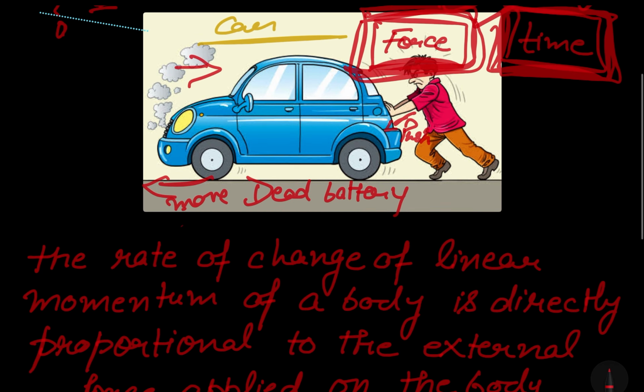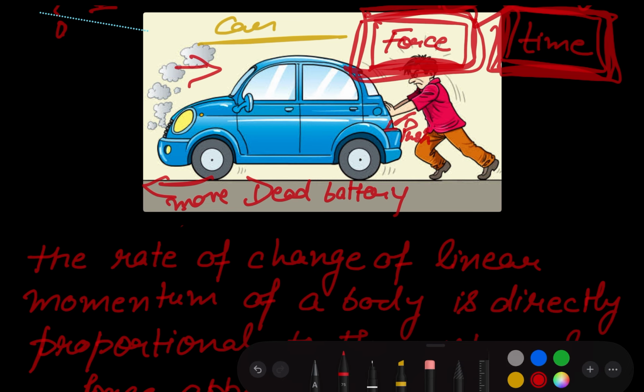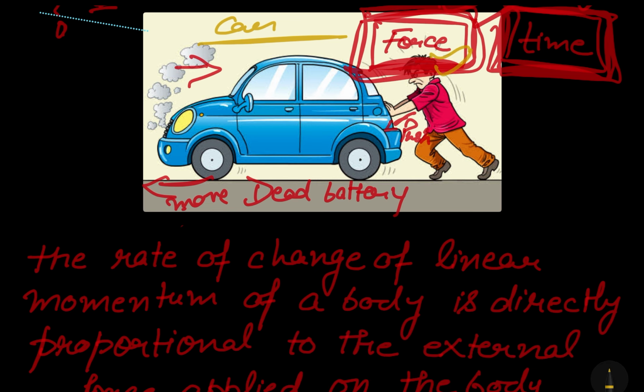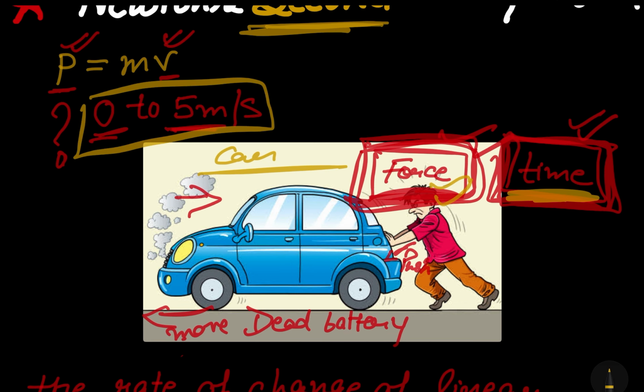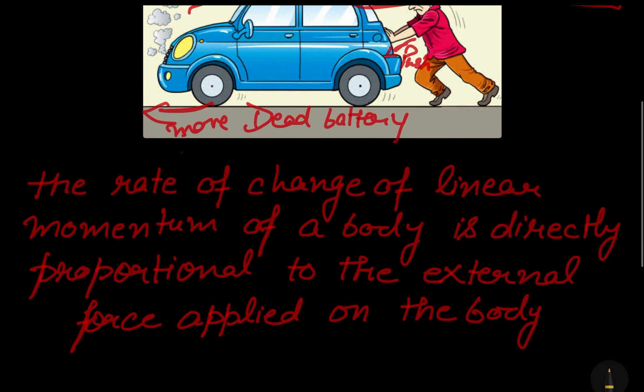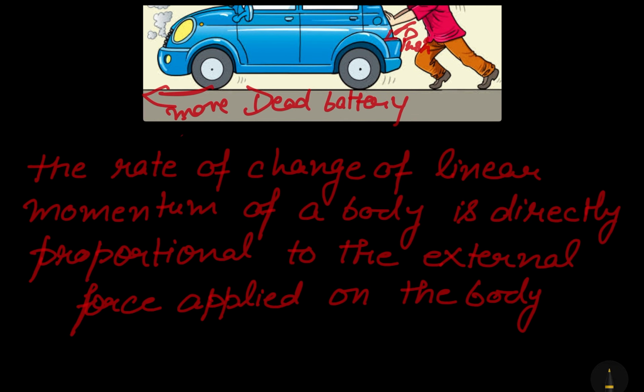So this is what we are doing: we are applying force. Because of the force, applied for a certain period of time, there is a change in velocity, and because of the change in velocity, the momentum will also change. This is nothing but Newton's second law of motion.